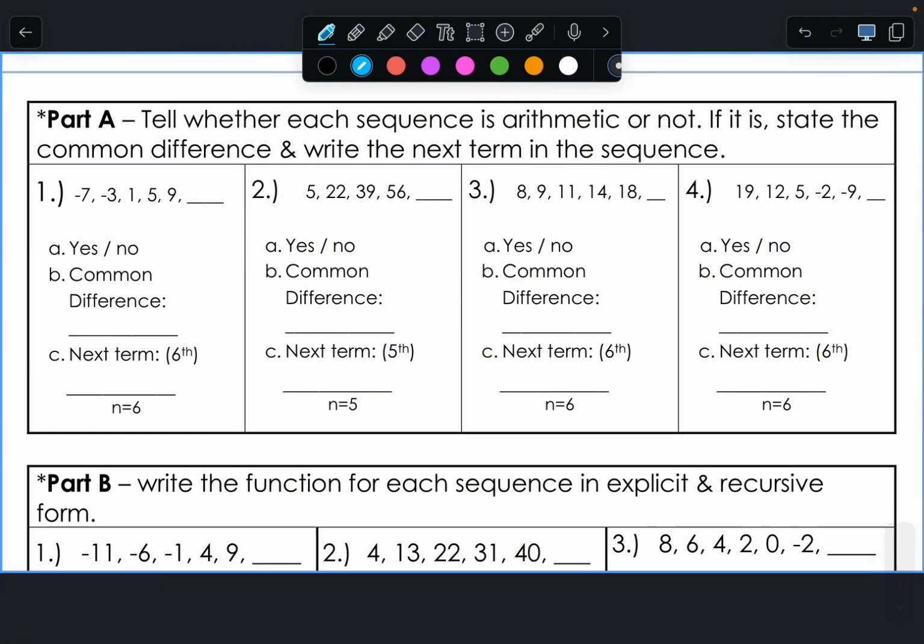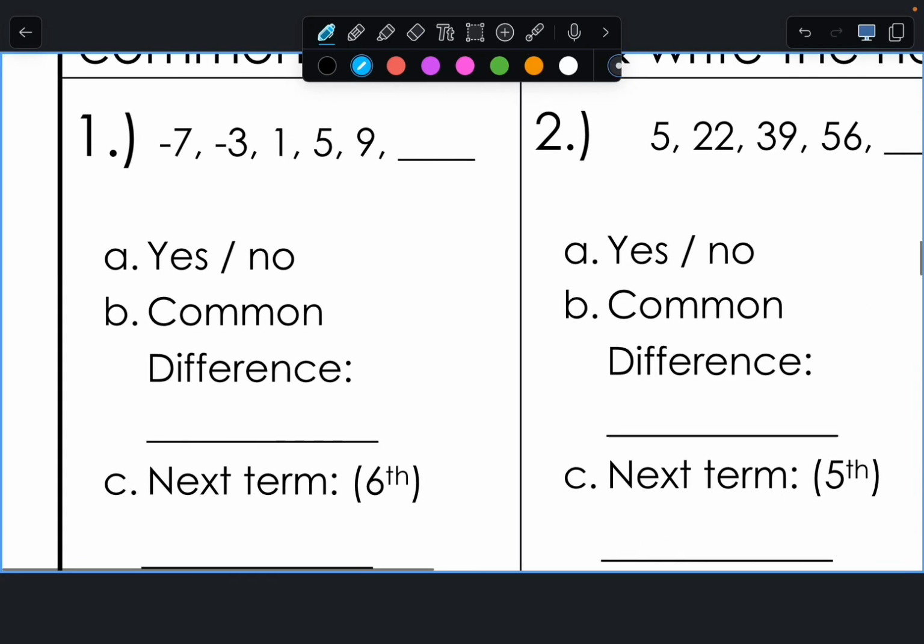Part A is asking us to tell whether each sequence is arithmetic or not. If it is, state the common difference and write the next term in the sequence. First, tell me, is it an arithmetic sequence, yes or no? Look at number 1. You know your strengths. If negative numbers are one of your weaknesses, start with the positive numbers, okay?